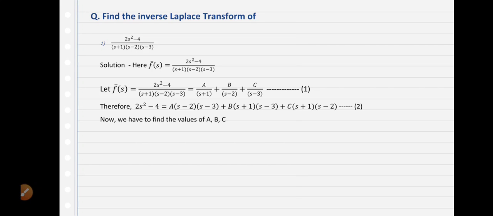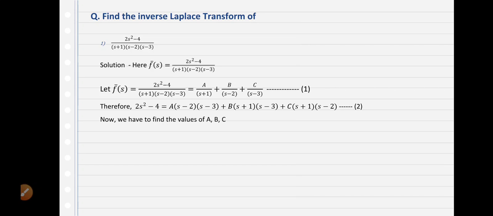Now our aim is to find the values of capital A, B, C. To find them, we are going to put three different values of s. The first value comes from the first denominator in equation 1, that is s plus 1, so we put the opposite sign, s equal to minus 1, to get the value of A. Then to get the value of B, we put s equal to plus 2, as the factor is s minus 2.